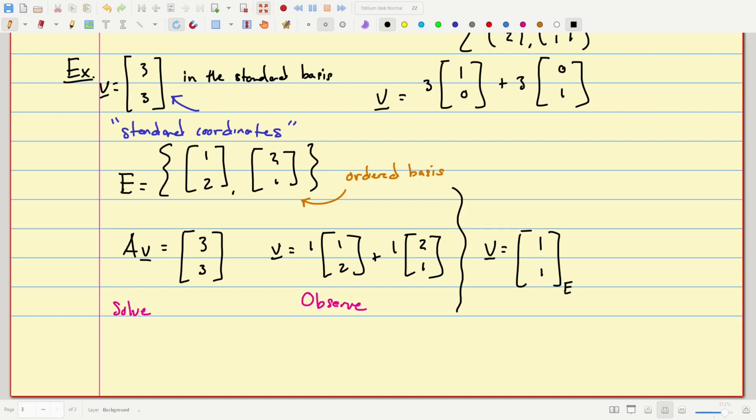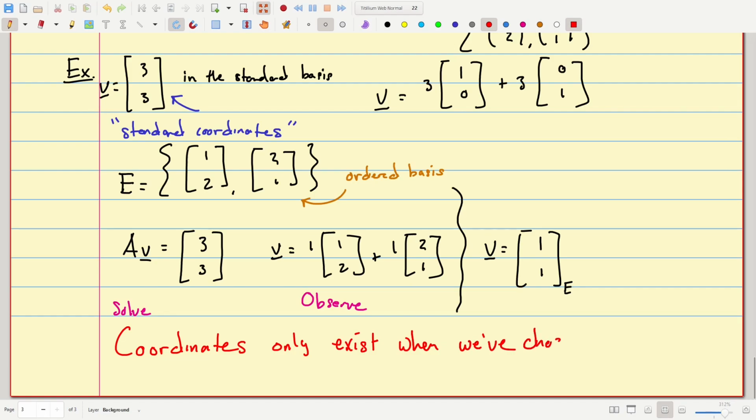All right. Now, when we talk about coordinates, I'm going to write this in red because it's important. It only makes sense to talk about coordinates after we have chosen a basis. Okay?